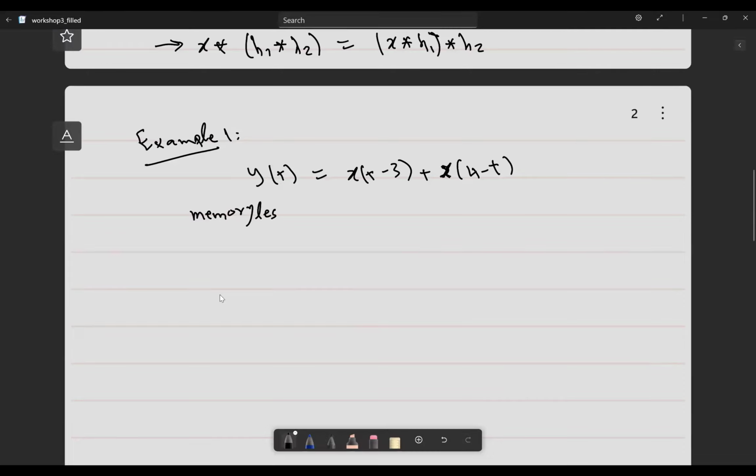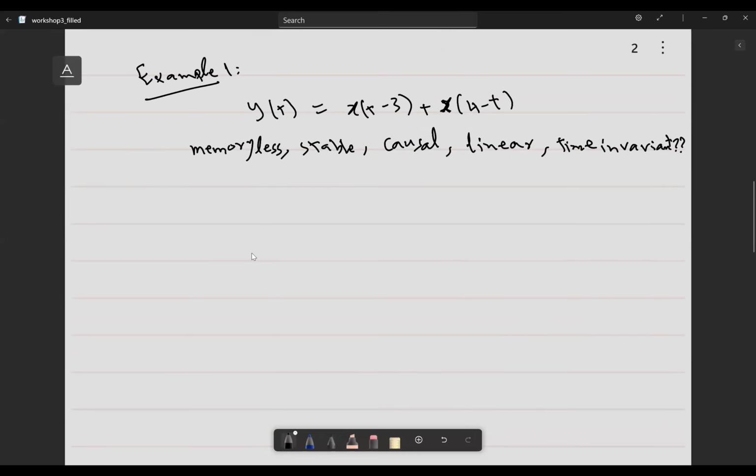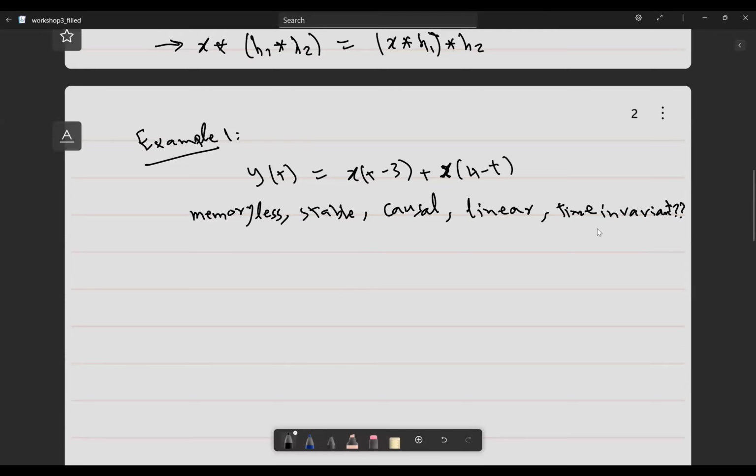Is it memoryless, stable, causal, linear, or time invariant? Let's start checking each of those properties one by one.